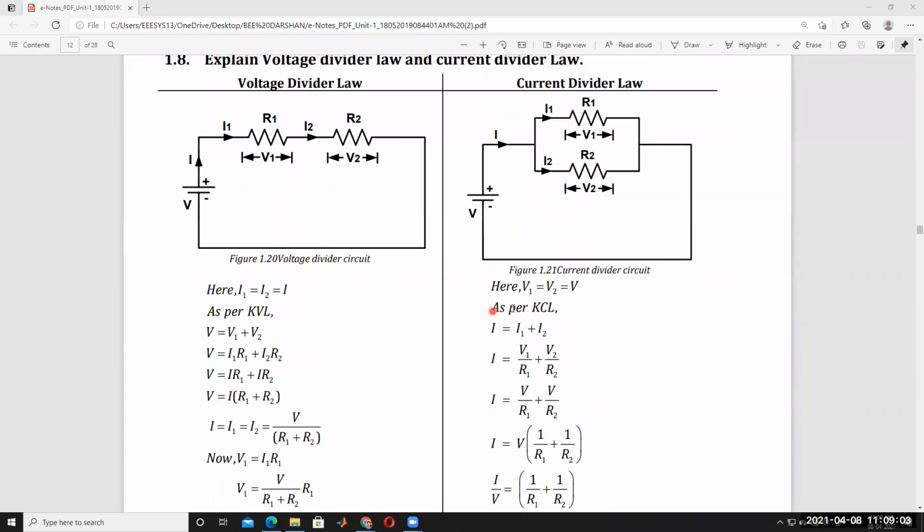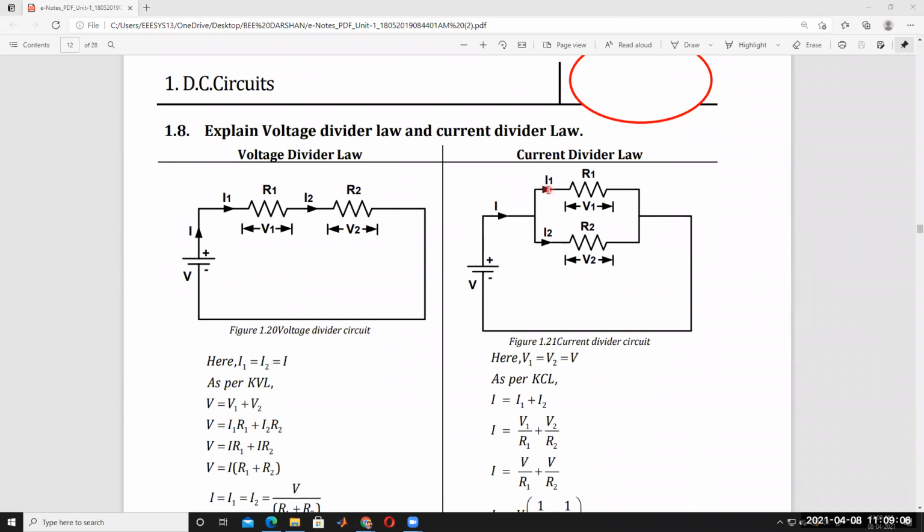Try to consider here: what is the current here? I1. The current I1 is nothing but total current into the opposite resistor. What is the opposite resistor? The opposite resistor is R2. The current is dividing in this resistor, that's why it is called the opposite resistor from the viewpoint of I1.